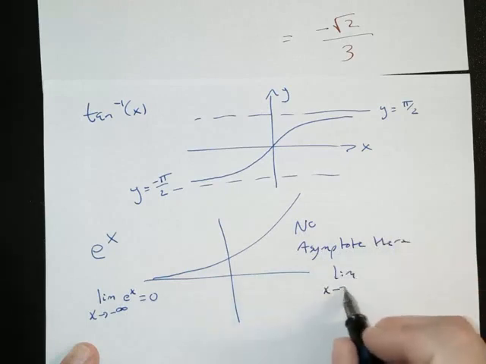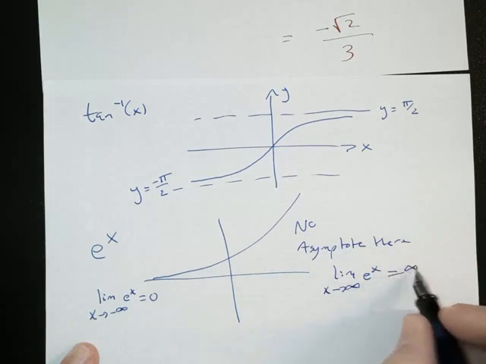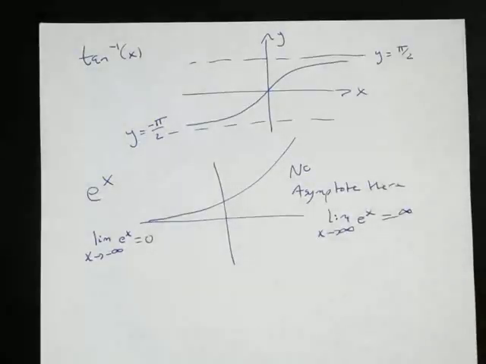The limit on this side is infinity. So it is possible to have different things happen on each side. But notice that doesn't happen for rational functions. It only happens for quote unquote transcendental functions. Trig functions, root functions. Technically, root functions are not transcendental. I apologize. That's not right. Radical functions and exponentials, logarithms, same sort of deal.